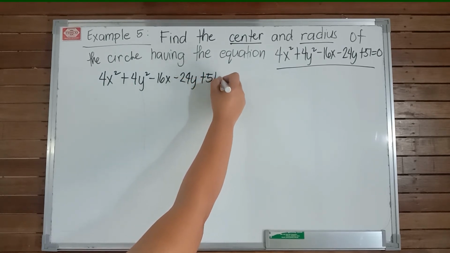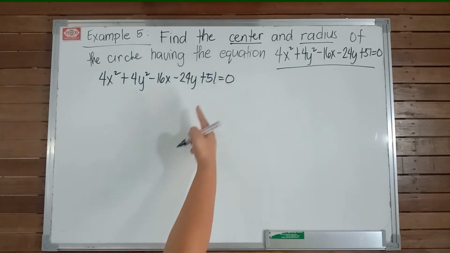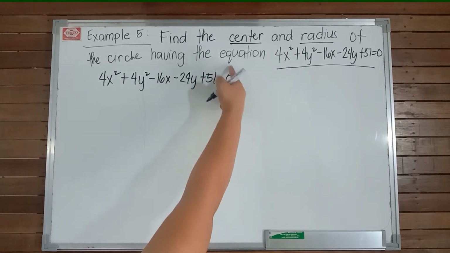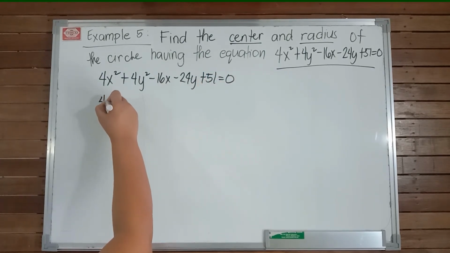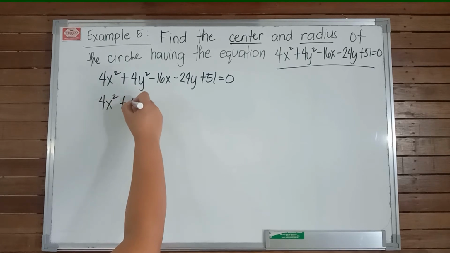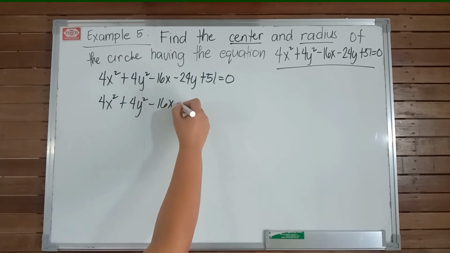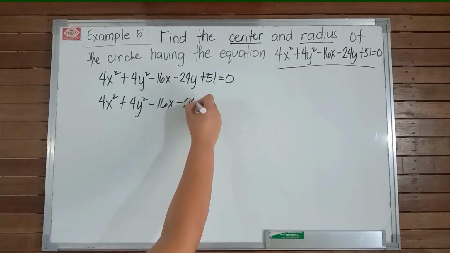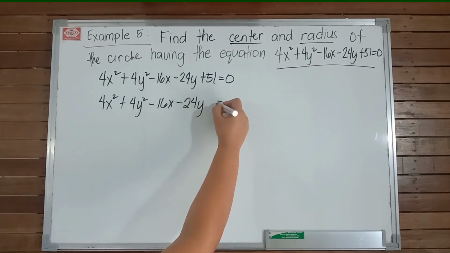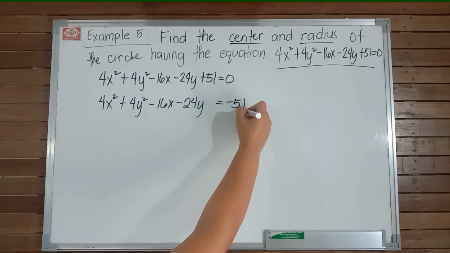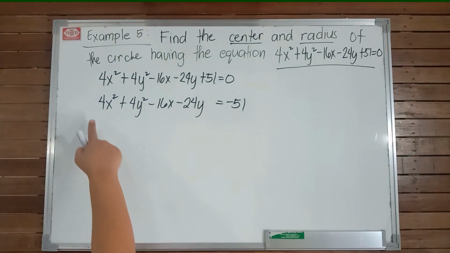Siyempre, para mahanap natin yung center at radius, kailangan nating gawing standard form yung ating equation. So, by doing that, we have to write the constant term to the right side, which is negative 51.